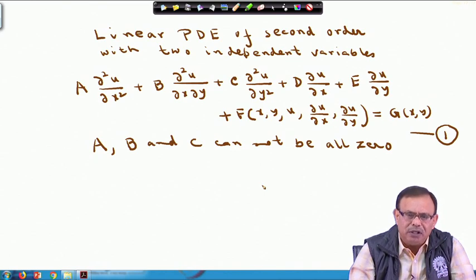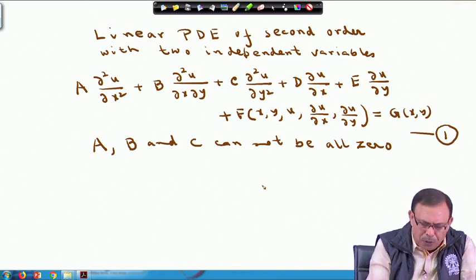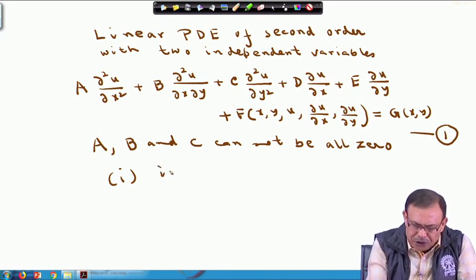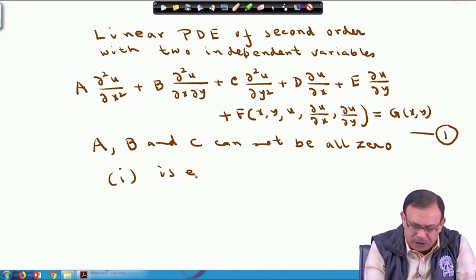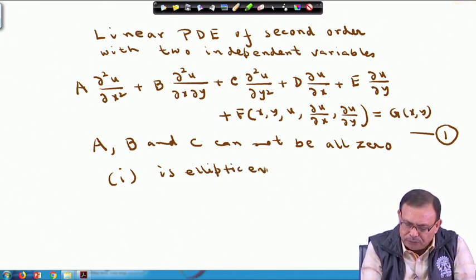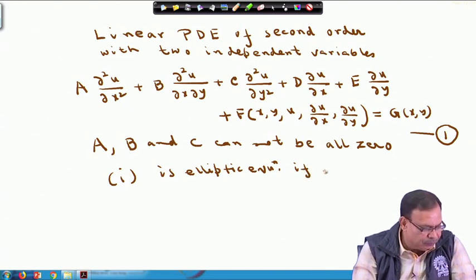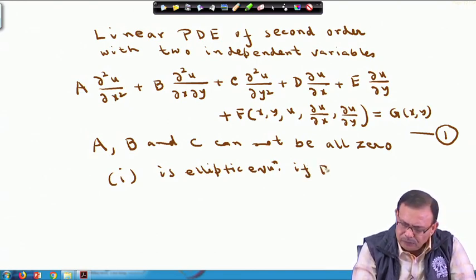We are just giving an introduction to PDE. Number one, we call this equation an elliptic equation if b² minus 4ac is less than 0.